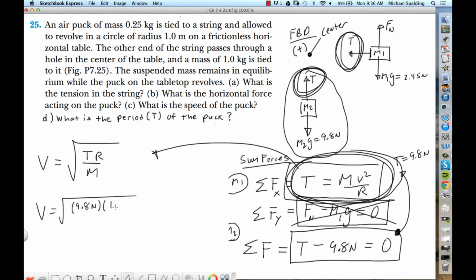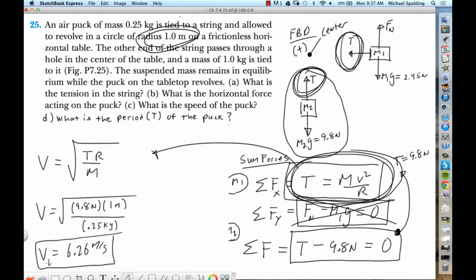The radius is 1 meter, they gave that to us right here. And then which mass is this, the puck or the hanging one? It's the puck, 0.25. And this gives a velocity of 6.26 meters per second. That's the tangential velocity.